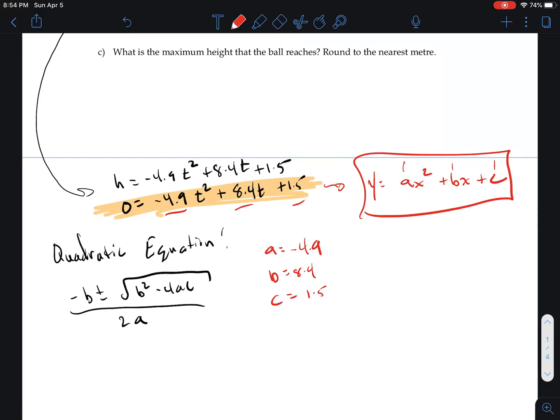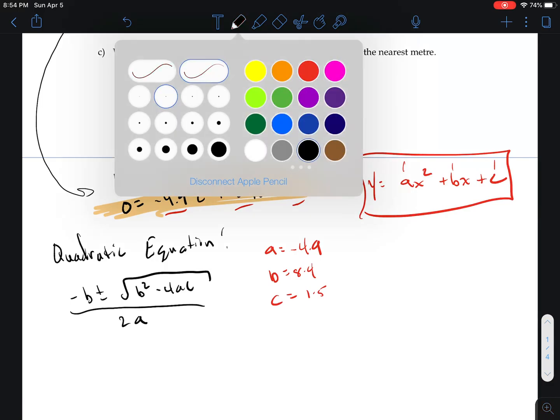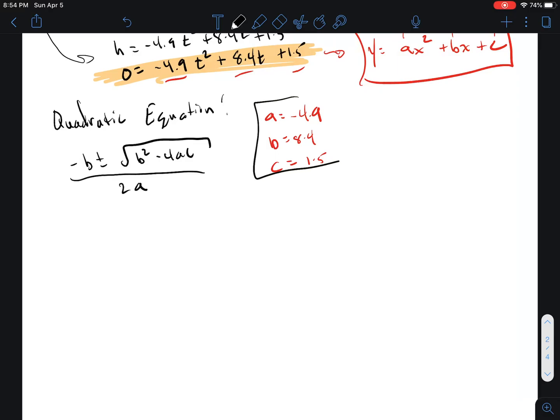So they're all the coefficients in front of the variables, right? So with now knowing what each of those are, I can plug them in to where it tells me to plug them into on the quadratic equation, right? And so I'm going to get negative 8.4 plus or minus the square root of 8.4 squared minus 4 times negative 4.9 multiplied by 1.5.